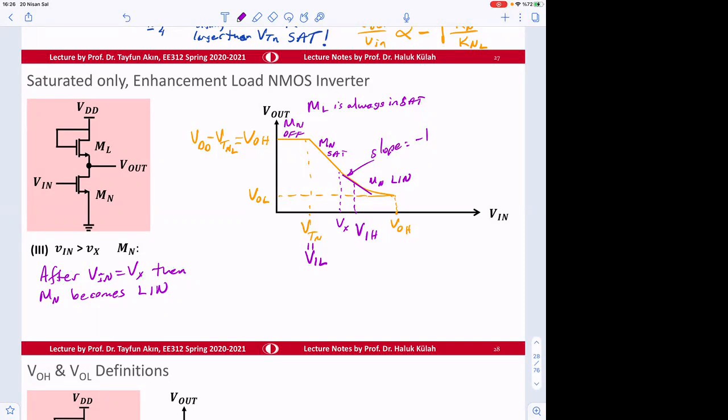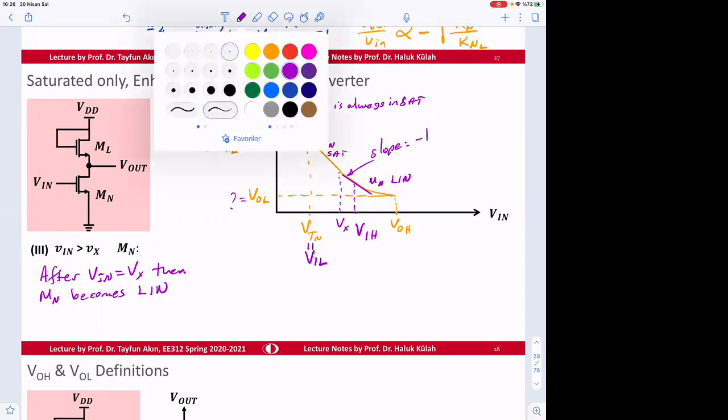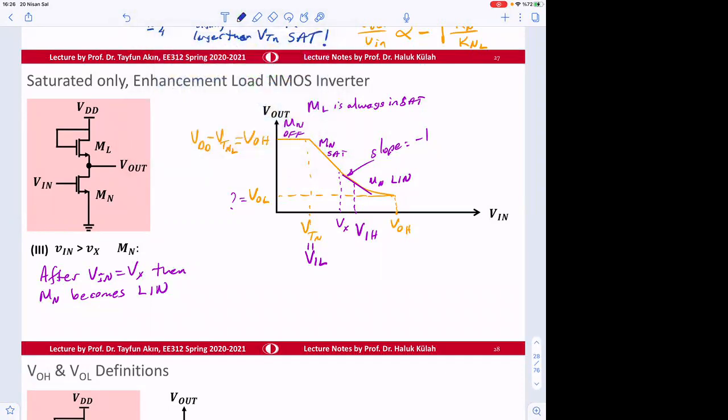So if you want to find this value, you need to write the equation. How can you find it here? What is V output low? We need to just solve the equations here.